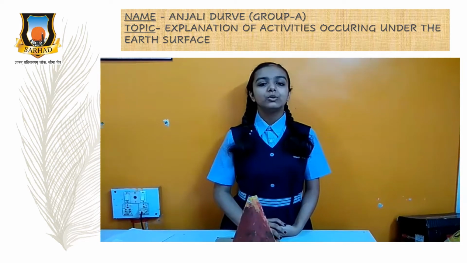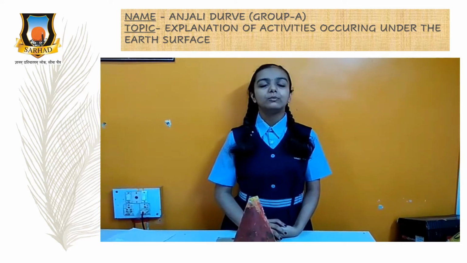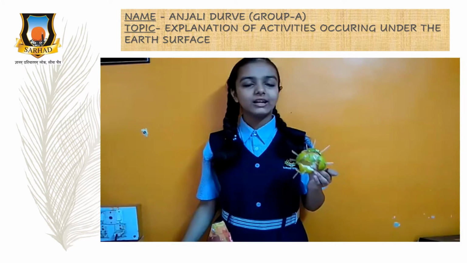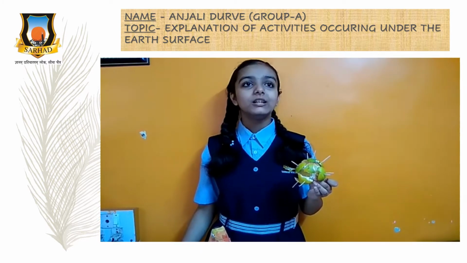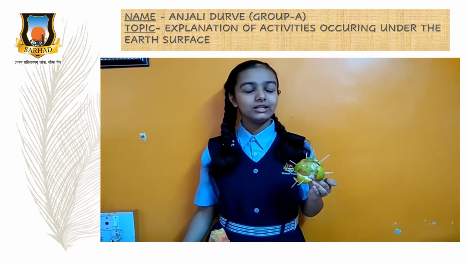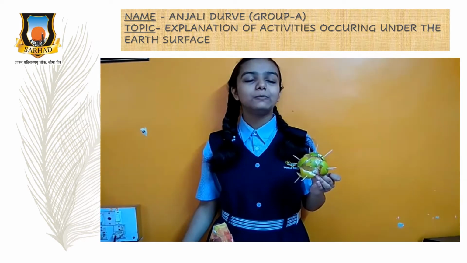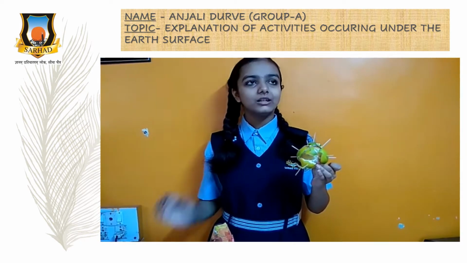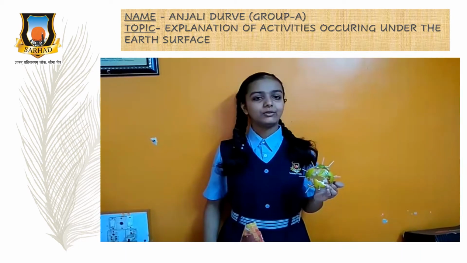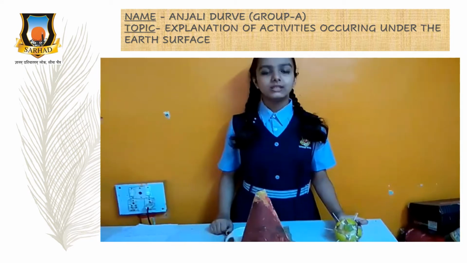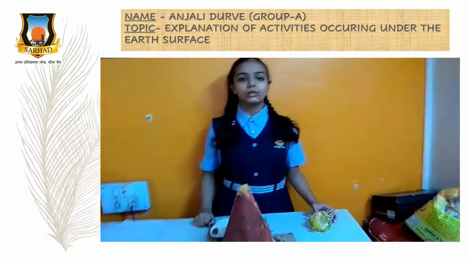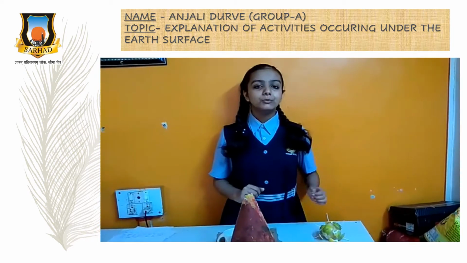The crust is broken into enormous pieces called tectonic plates. Here I have roughly shown the diagram and example of tectonic plates. It is broken into pieces like puzzles. The earth is made up of six large tectonic plates and a few smaller ones.